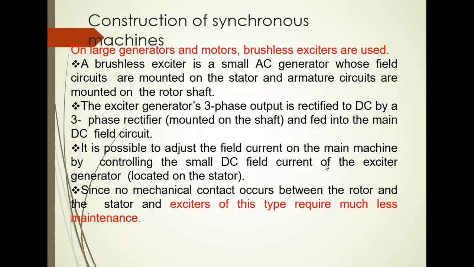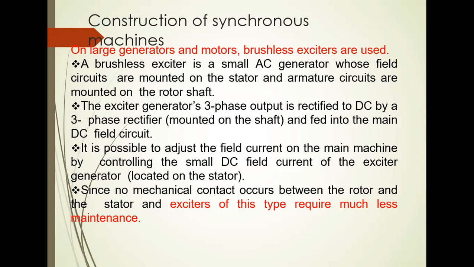So for large generators and motors, brushless exciters are used. So what is a brushless exciter? It is a small AC generator whose field circuits are mounted on the stator and armature circuits are mounted on the rotor. The exciter generator's three-phase output is rectified to DC by a three-phase rectifier that is also mounted on the same shaft and fed into the main DC field circuit.